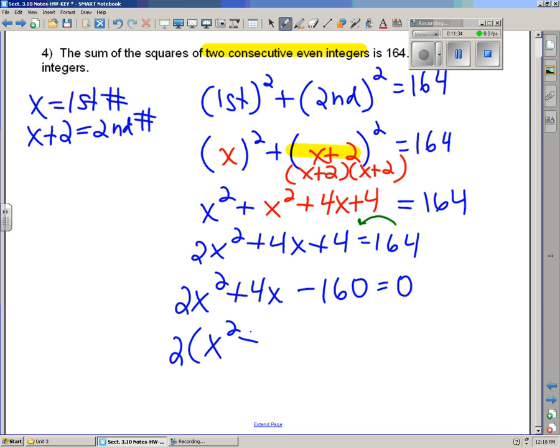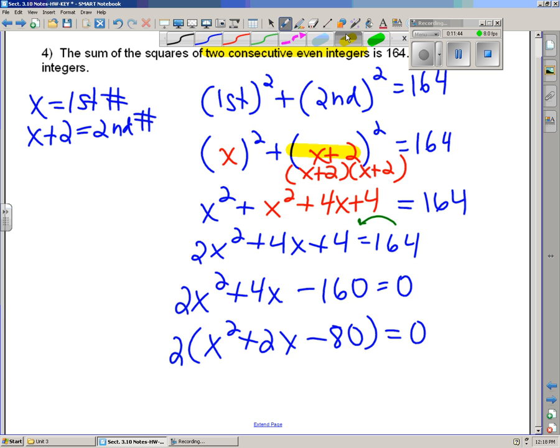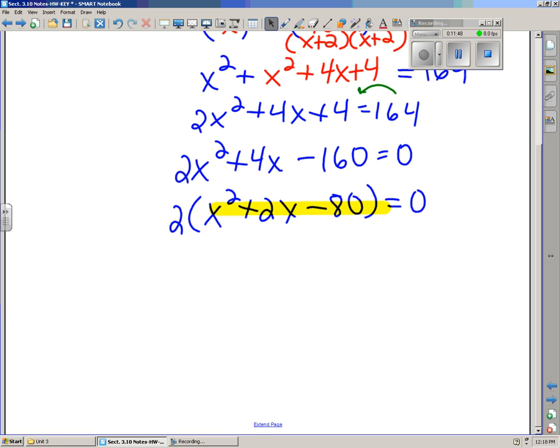What's left over is x squared plus 2x minus 80 equal to 0. Inside that parenthesis, I do have an I am. I can definitely think of numbers on my own without a calculator that multiply to negative 80 but add to 2, and that's going to be 10 and 8. So the GCF still comes down, (x + 10)(x - 8) equal to 0.